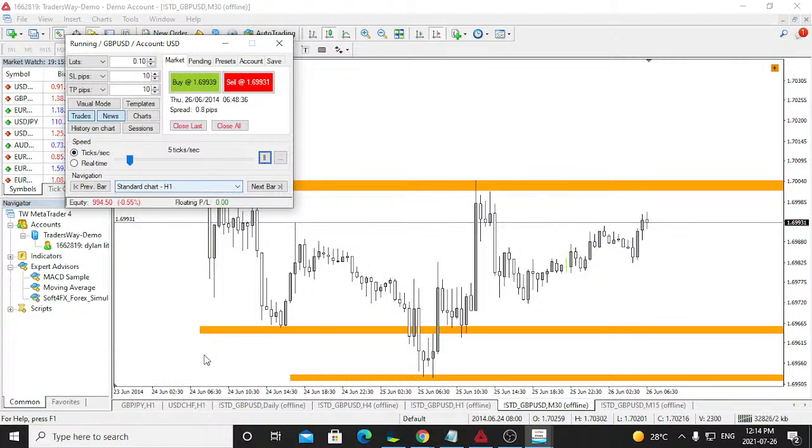I was using 30-cent lots at a $1,000 balance, and it was ridiculous. I was over trading at its finest, and it was just not needed.